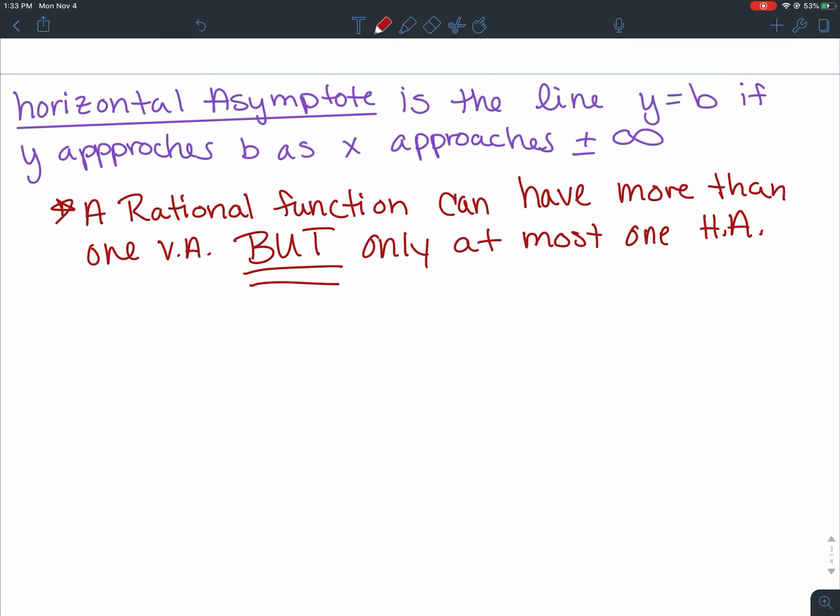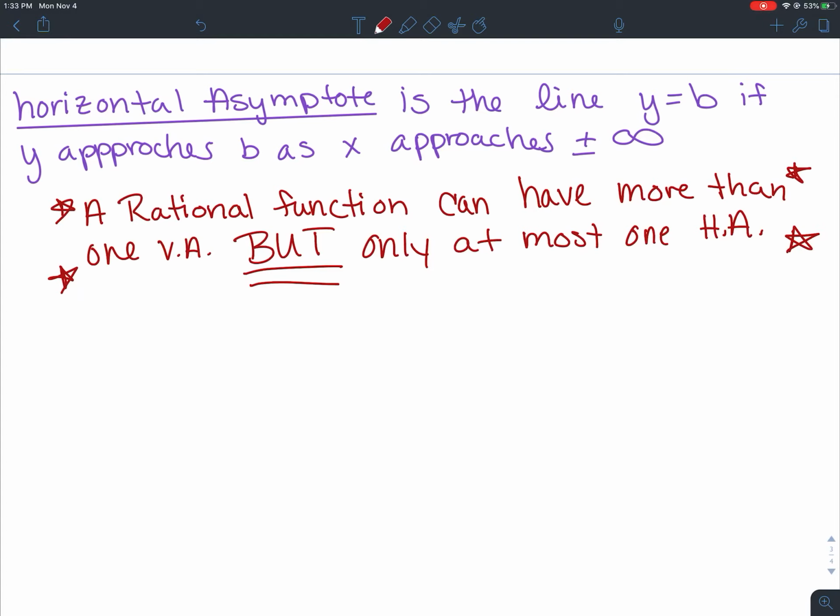Now, I just want to reiterate this: when we're writing these vertical and horizontal asymptotes, you have to know which one is x and which one's y. Vertical is x, horizontal is y.